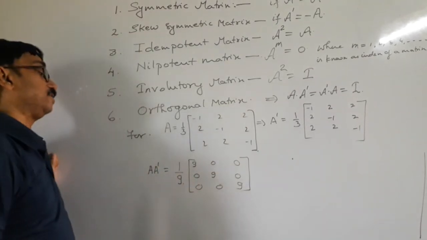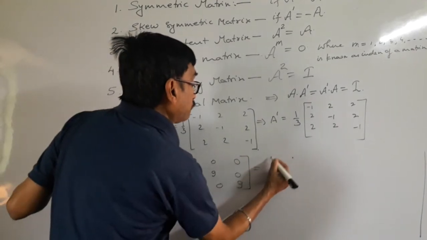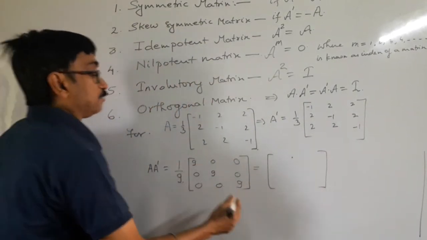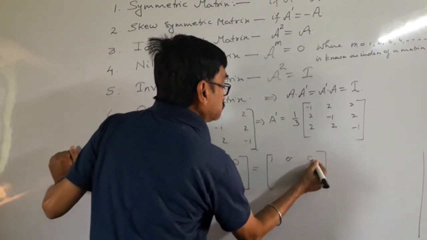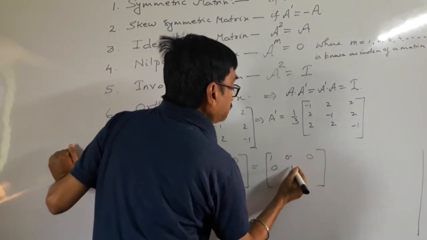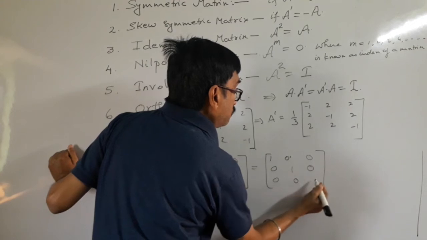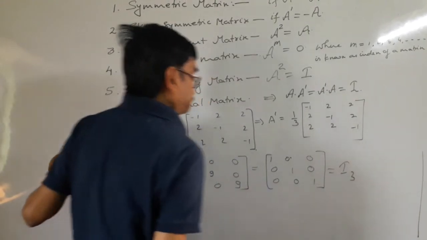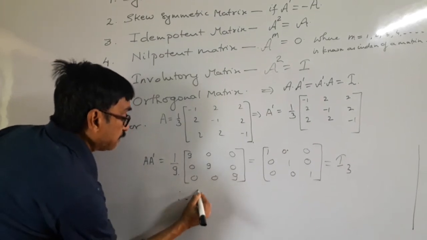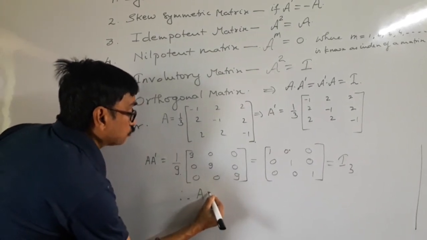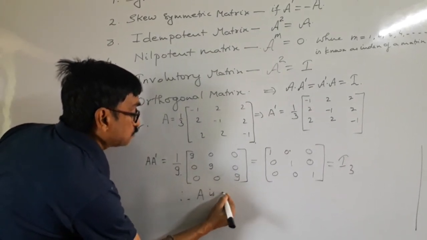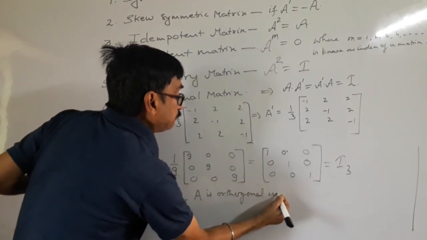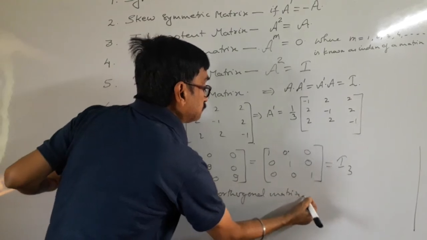You can calculate and see, and now we can divide by 9 each element. We will get 1 0 0 0 1 0 0 0 1, which is equal to I3 identity matrix. So therefore A is an orthogonal matrix.